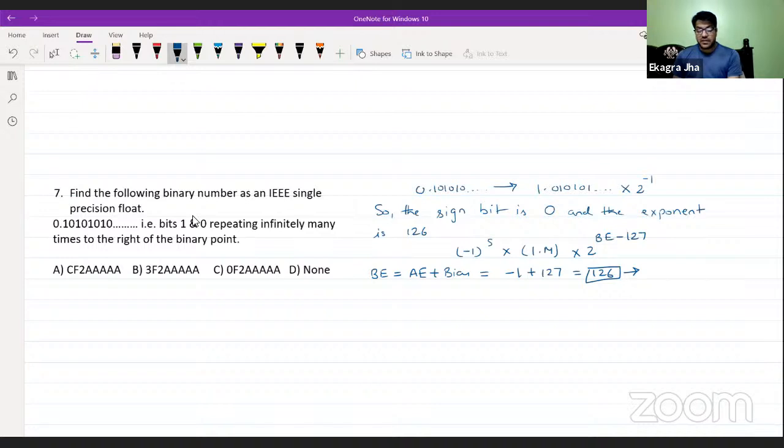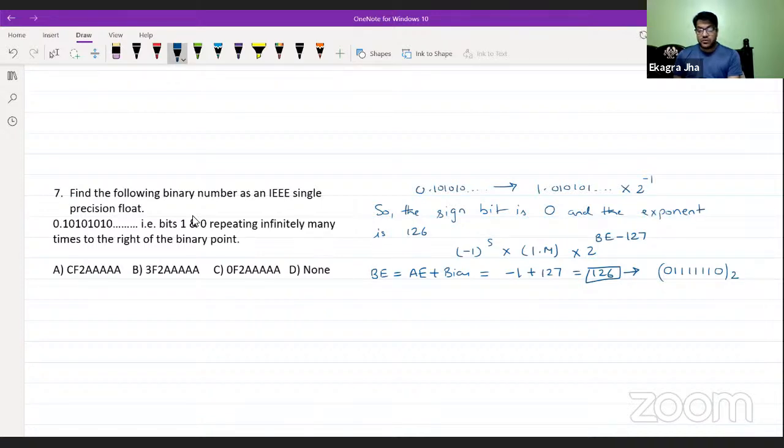I think it should be, except 1, so 1, 1, 2, 4, 8, 16, then 32, and then 64, and 128 should be 0. I think this should be the binary of 126.